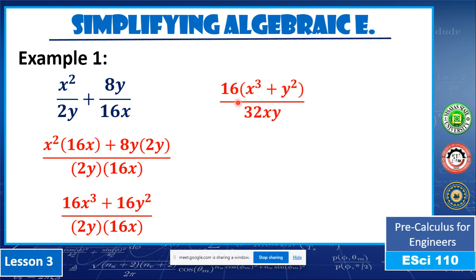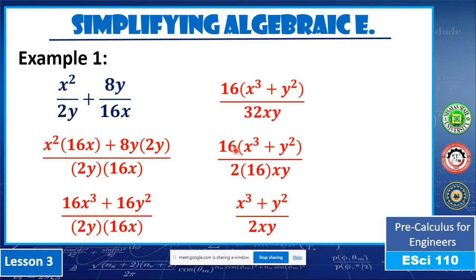After we factor out 16, I think you have noticed that the numerator 16 and the denominator 32 have common factors. What are these? 32 can be written as 2 times 16. So in the numerator we have 16, and in the denominator we also have 16, so we can cancel this out. Therefore, what remains is x cubed plus y squared all over 2xy.